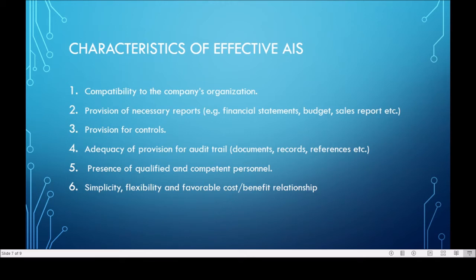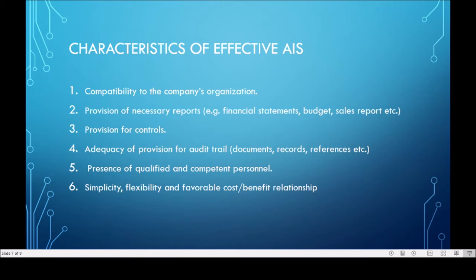Department heads have their own needs. So for an accounting information system to be more effective for a certain company, make sure that it can provide necessary reports to each and every individual of the company, particularly those who are part of making economic decisions.